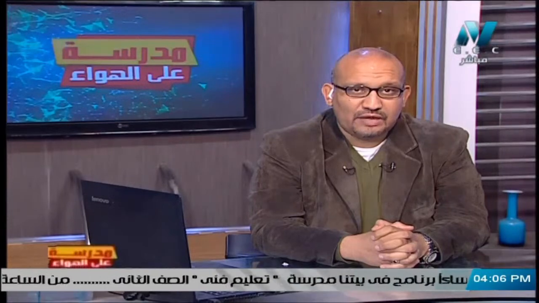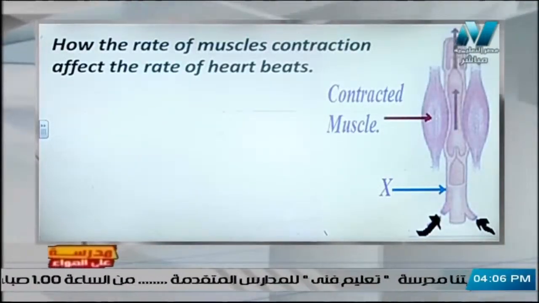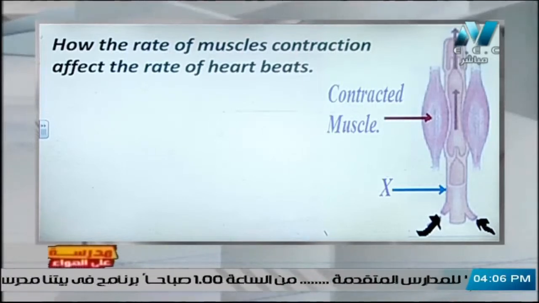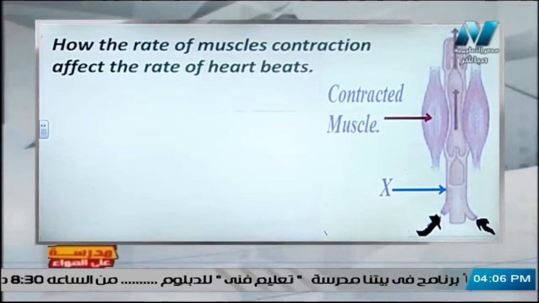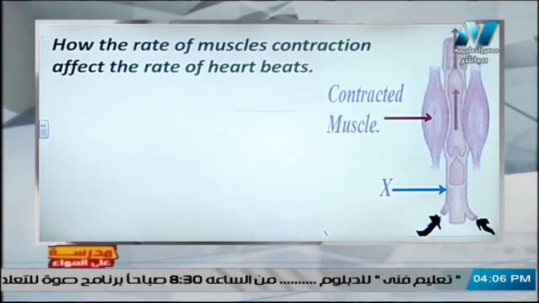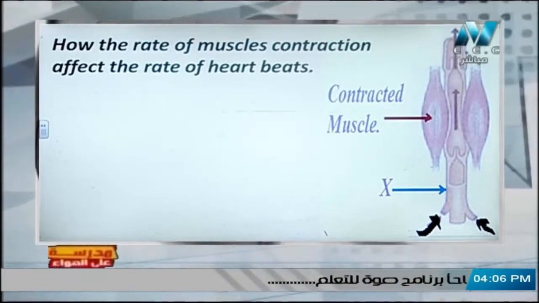Let's start our episode today with the first type of questions, where we have to explain the reason in the question. Here in this figure, we see a contracted muscle and arrows with direction from downward to upward. How does the rate of muscle contraction affect the rate of heartbeats?